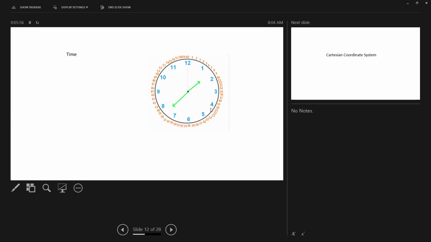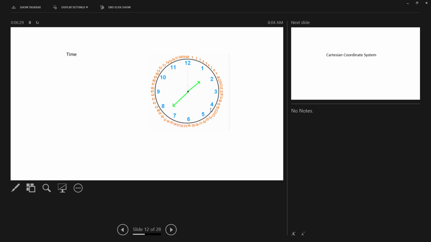A clock. This is another way to describe the time with two line coordinate systems, but the line coordinate system here is kind of tricky because we took the line coordinate system and made it a circle.